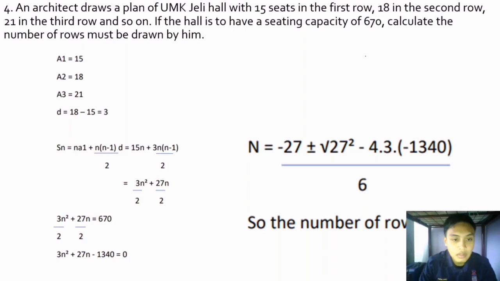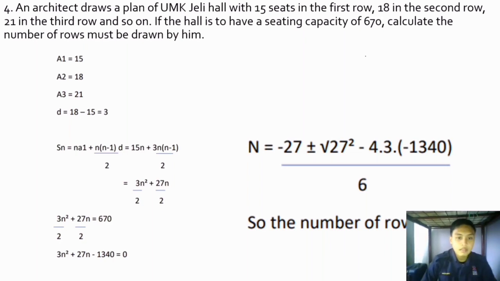The gap for each term of the arithmetic sequence is 3, which is 18 minus 15, the distance from row A1 to row A2. For the summation formula, we use Sn equal to n times a plus n, times n negative 1, close bracket, and then divided by 2, with d equal to 3: 15n plus 3n, open bracket, n negative 1, close bracket, divided by 2.